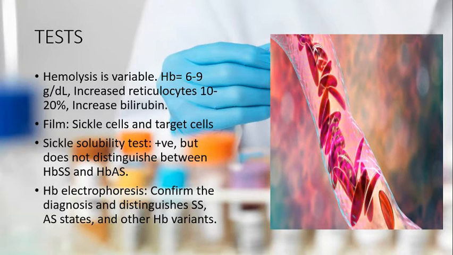Increased bilirubin may also be seen due to hemolysis. And on the film, you might see sickle cells and target cells as well. There is the sickle solubility test, which has to be positive to confirm the diagnosis, but that does not distinguish the types.